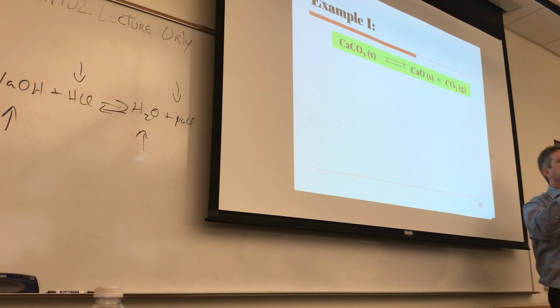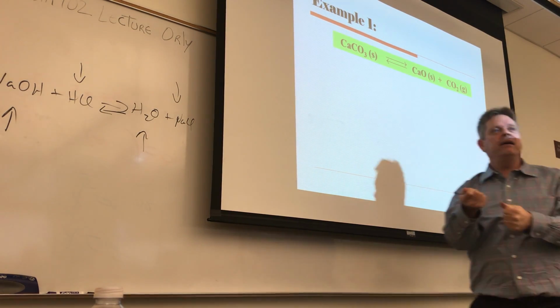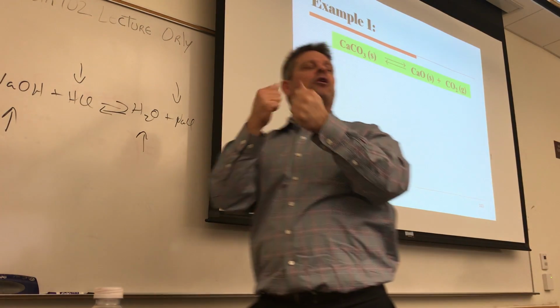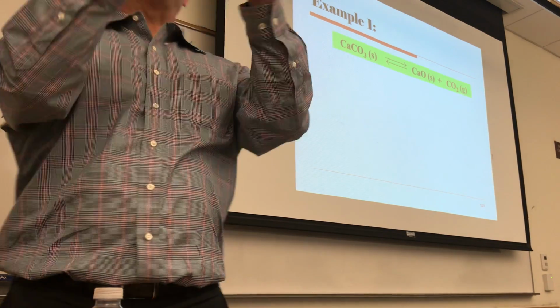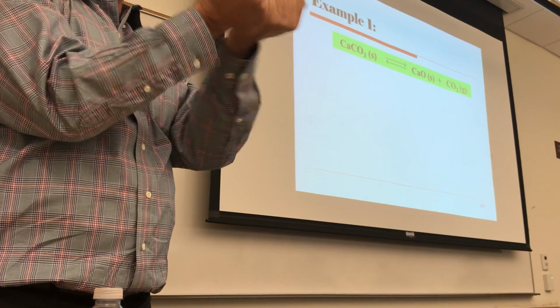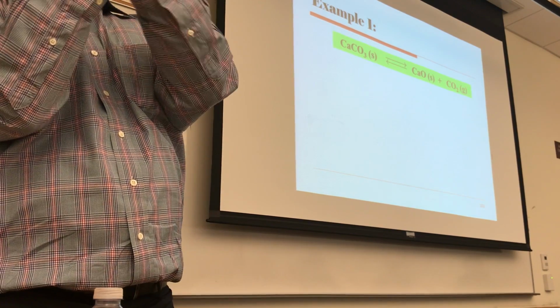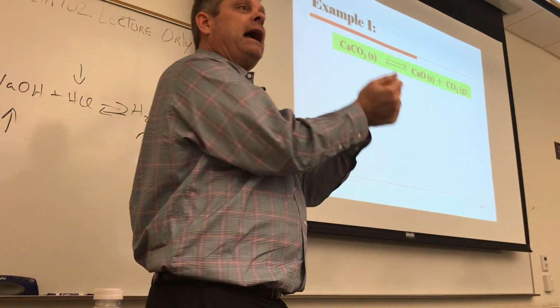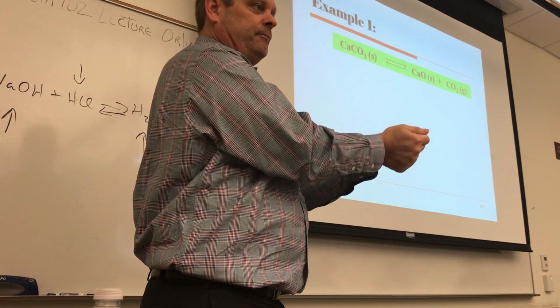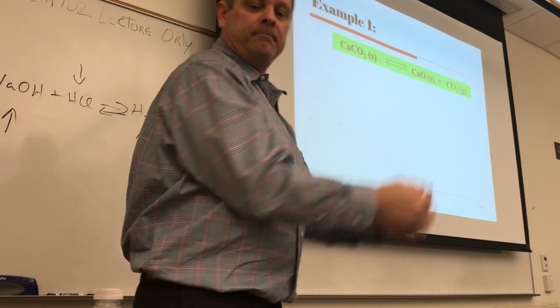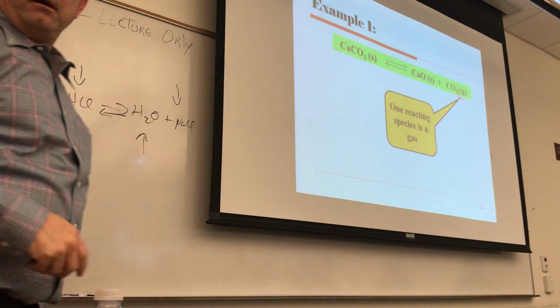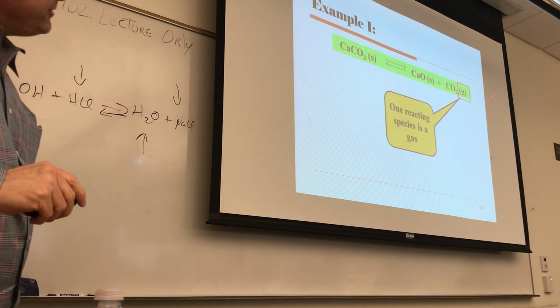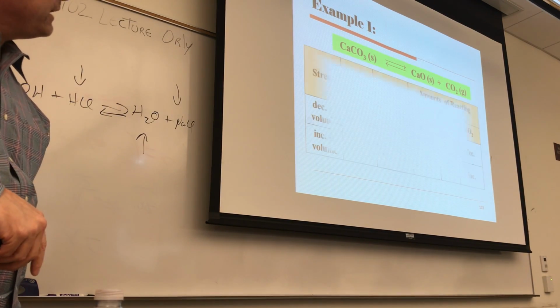And that's how Le Chatelier's principle would be applied if I added or took away pressure in an equilibrium system where pressure would make a difference. And that would be where there are gases on one side or the other, and there's more on one side than the other in terms of the moles. So one reacting species is a gas, that applies, and none over here, so they're not the same.